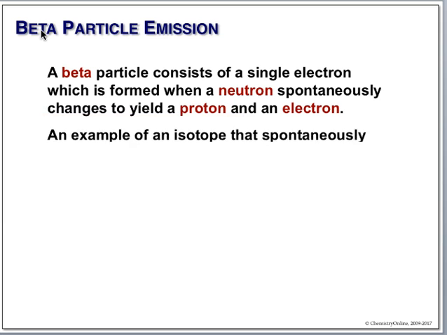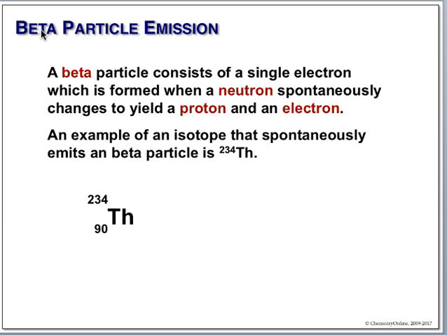Let's look at an example. Again, we're at thorium-234. Thorium-234 emits a beta particle. So what that means is that one of the neutrons in the nucleus here is going to change to a proton.